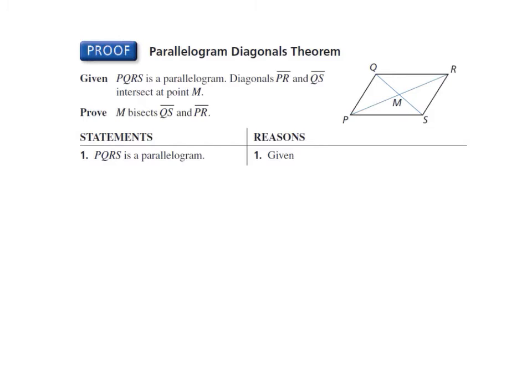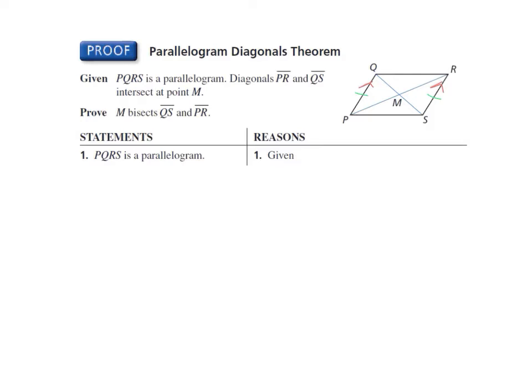All right, so now let's think about the fact that this is a parallelogram. So by definition, if it's a parallelogram, then that means that opposite sides are parallel and opposite sides are congruent. So let's mark that. We've got opposite sides parallel, and we've got opposite sides congruent. Well, if that's true, let's put that in our proof.